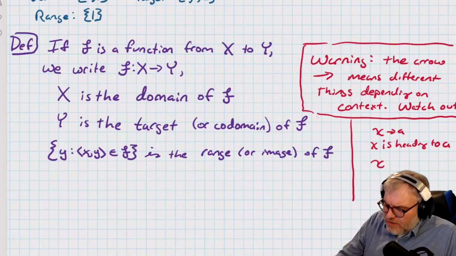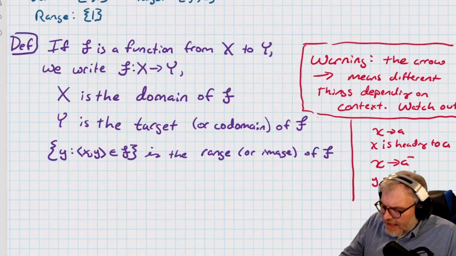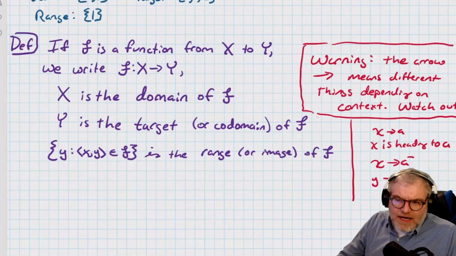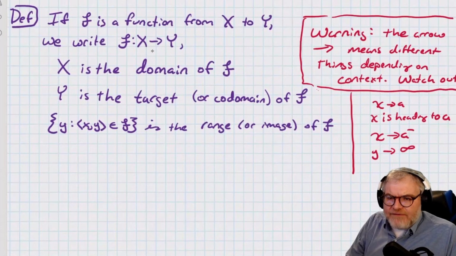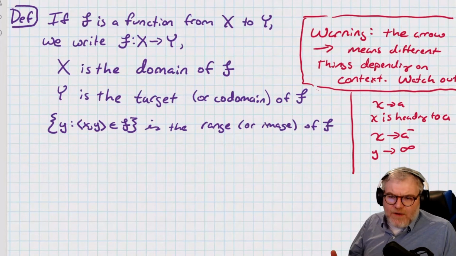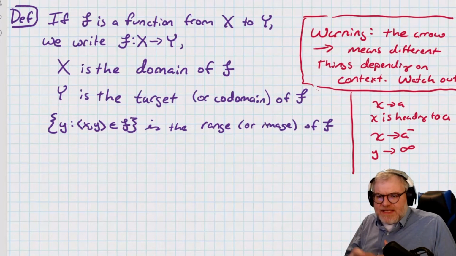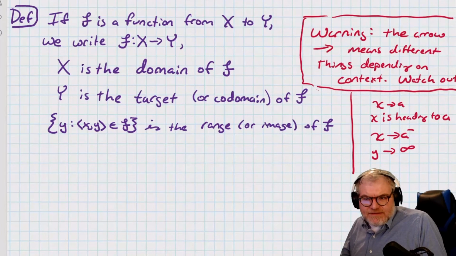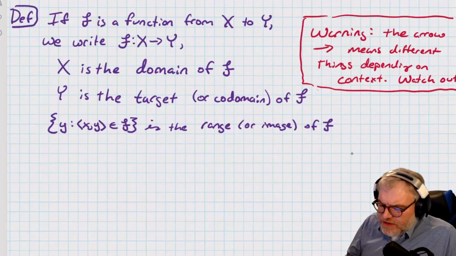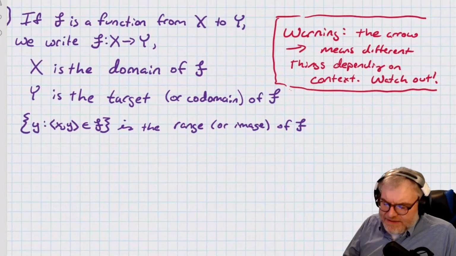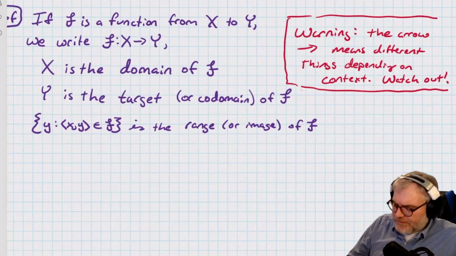We're going to have x goes to a from the left, y goes to d from the right, or y goes to infinity. These are limit arrow concepts, and they are different than this one. That's a very different concept than x heading to a in the x space. So just a heads up that the arrow is going to be used several times in this class, and it's going to have different meanings depending on the context.